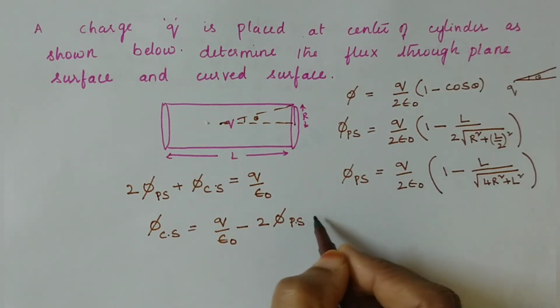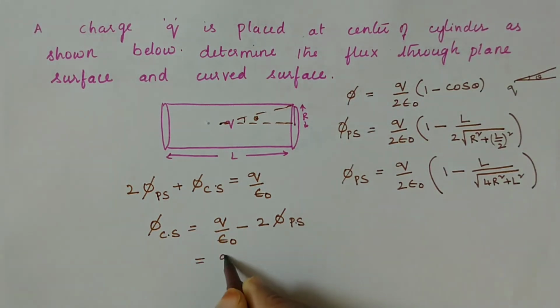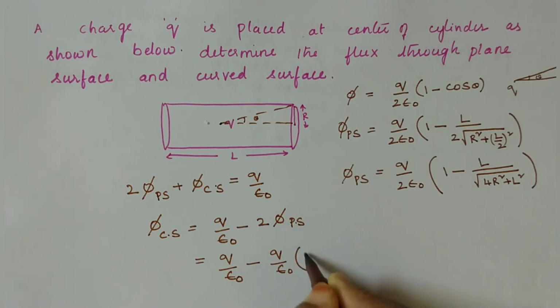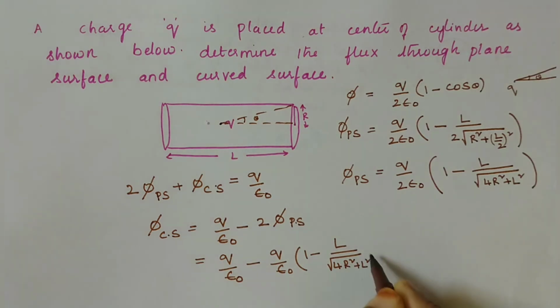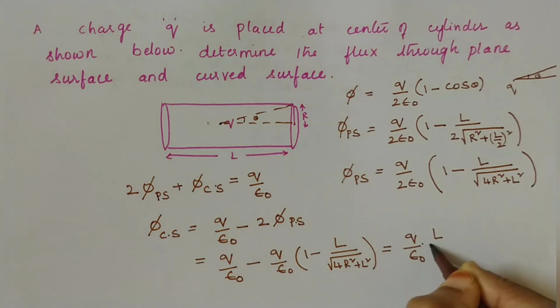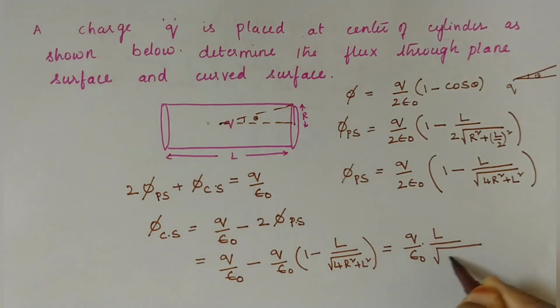Already you know the formula for plane surface, substitute and simplify. So q by epsilon naught minus q by epsilon naught into 1 minus L by square root of 4 r square plus L square. On simplification you will get the answer q by epsilon naught into L by under root 4 r square plus L square.